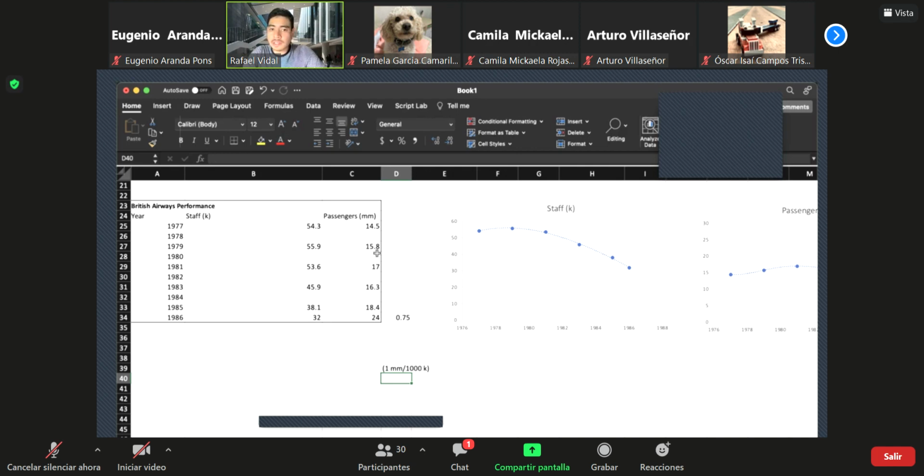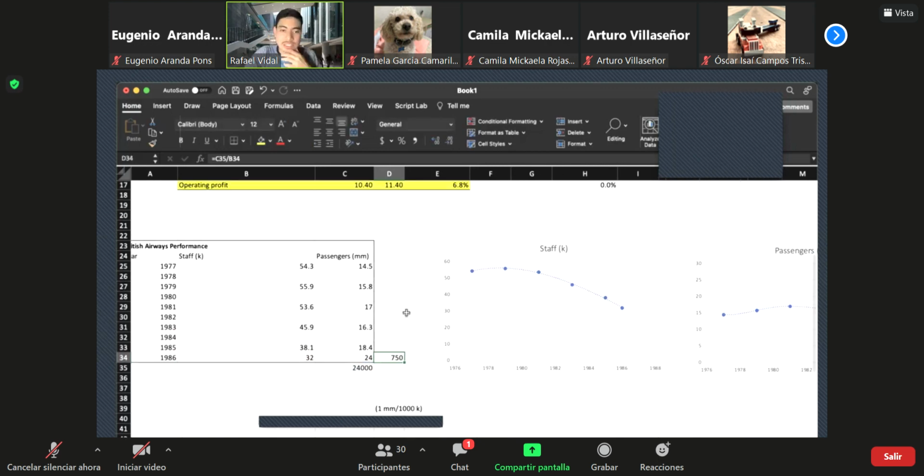I'm going to convert these to Ks because I want to use zeros instead of points or decimals. So this in Ks is this times 1,000. So I'm dividing passengers over this.